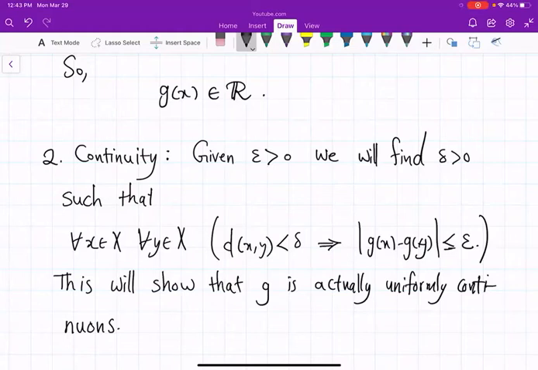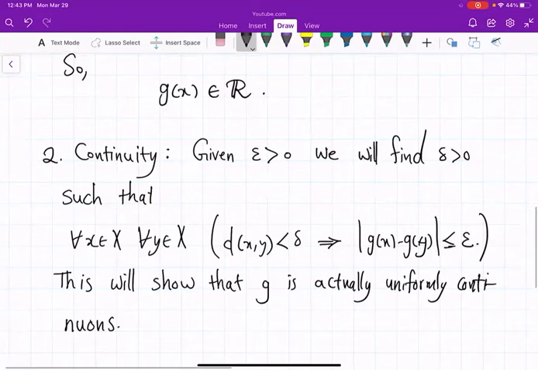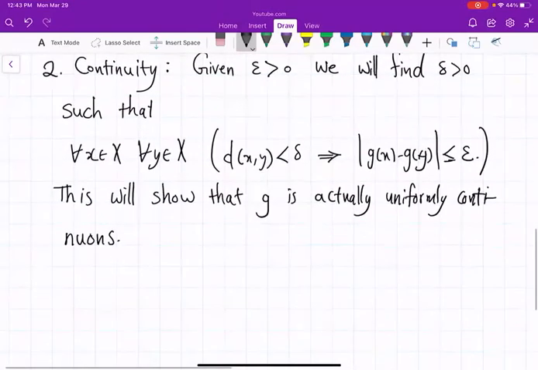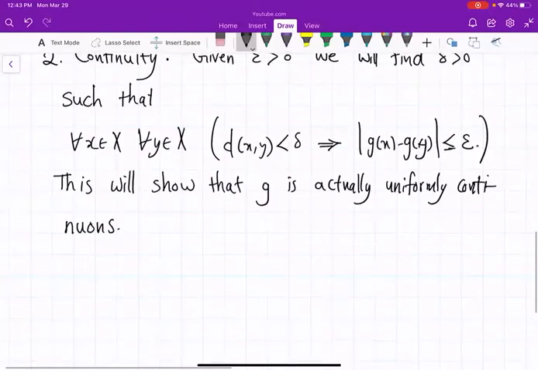So we don't find a delta at every x. We find a uniform delta for all x's from my metric space. So actually, I'm going to show more than the question asks for. But how do you prove the claimed statement? Let's call it star.